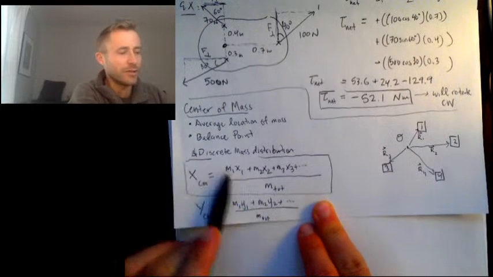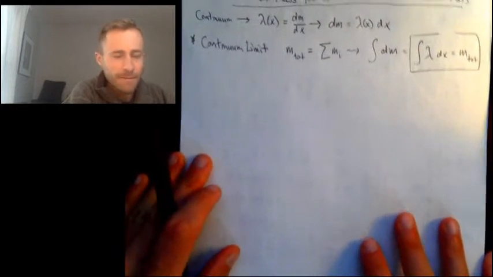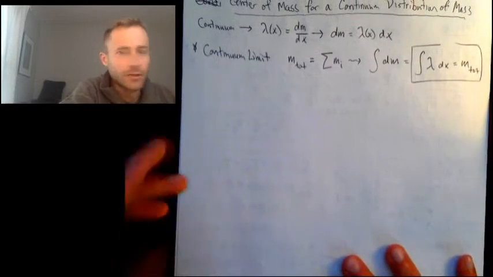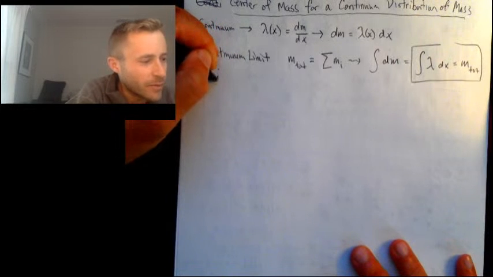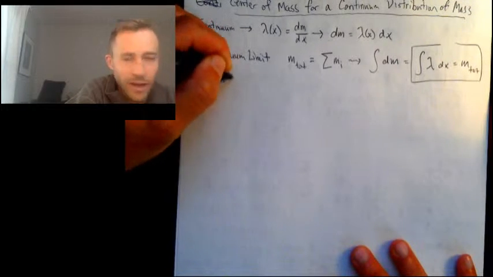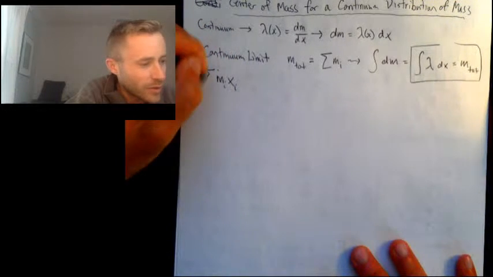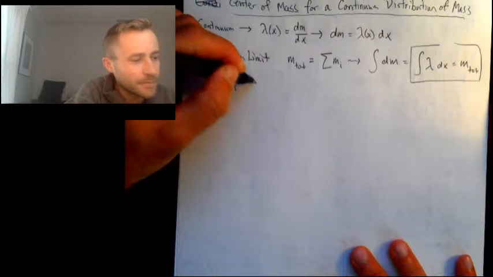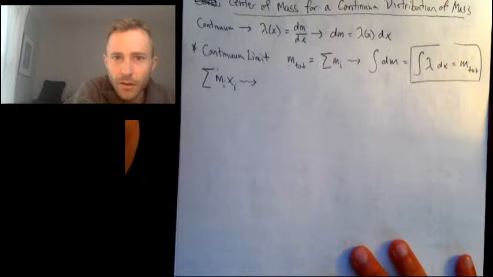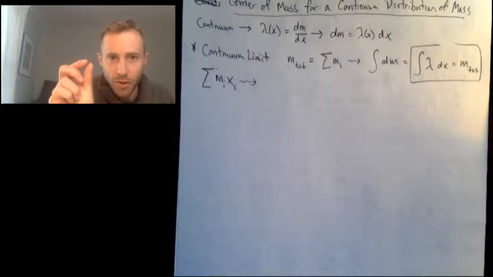But now we've got to handle the numerator. The numerator is the sum of m times x, so mi times xi. In the continuum limit, again, we're taking the limit as the masses get really small.